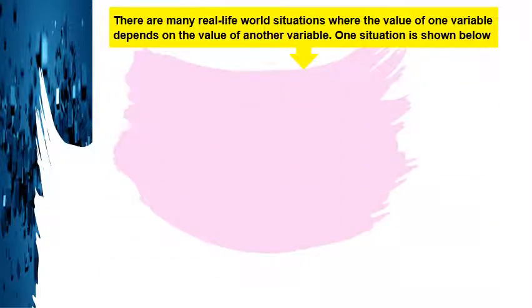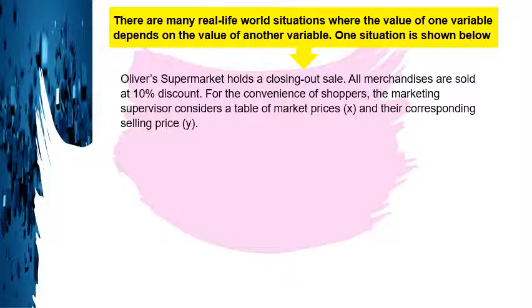There are many real-world situations where the value of one variable depends on the value of another variable. One situation is shown below. Oliver's supermarket holds a closing out sale. All merchandise is sold at 10% discount.